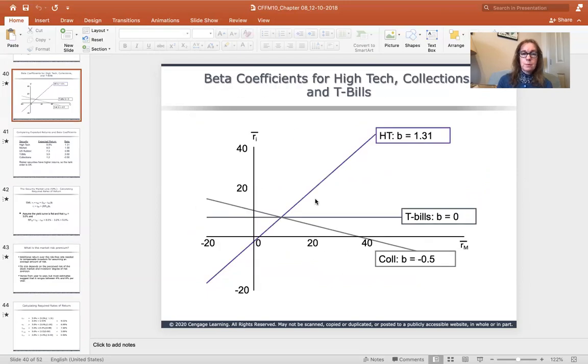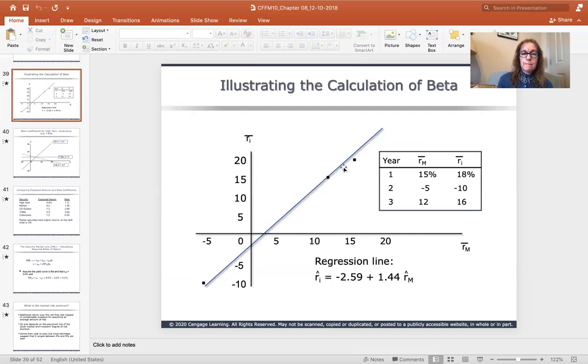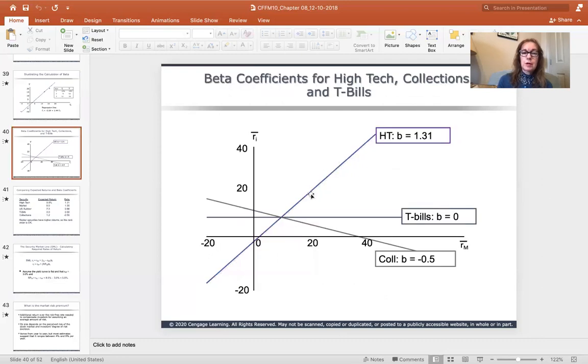So what they'll do is you can calculate the required rate of return for a lot of different stocks, and you can get this line. This is called the security market line, because the higher the risk, the higher the return is going to be. So let me show you this. Here, for example, is high tech. High tech has a beta of 1.31.